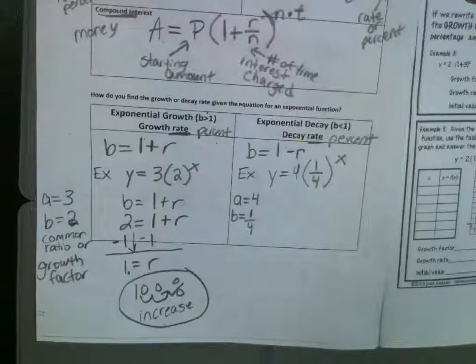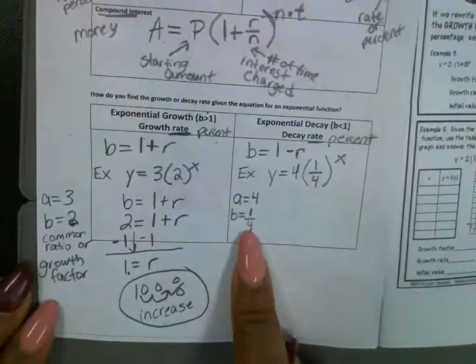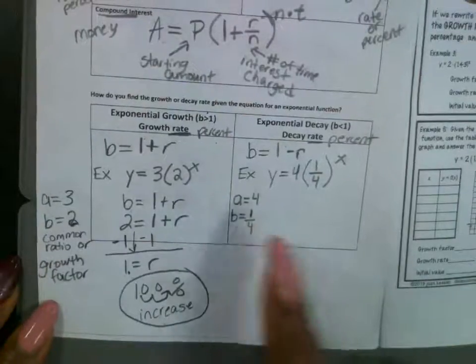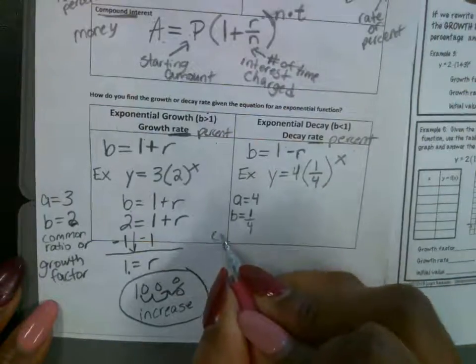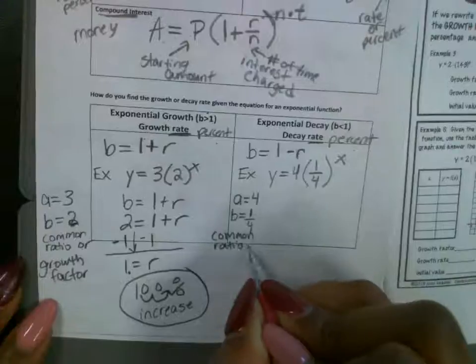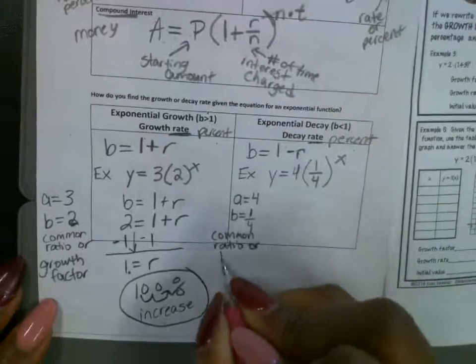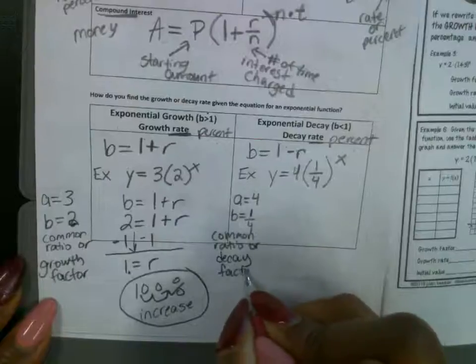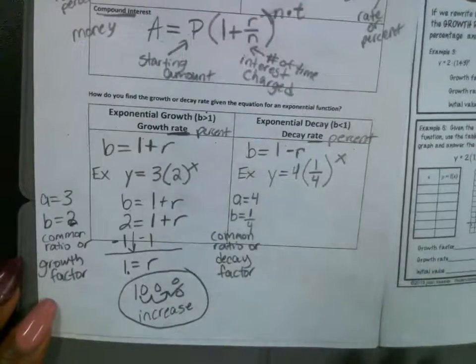This number right here is called our common ratio or our decay factor. The number that's being multiplied to give you the next number in the list.